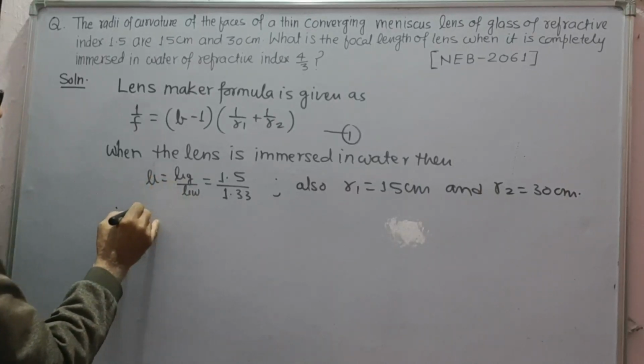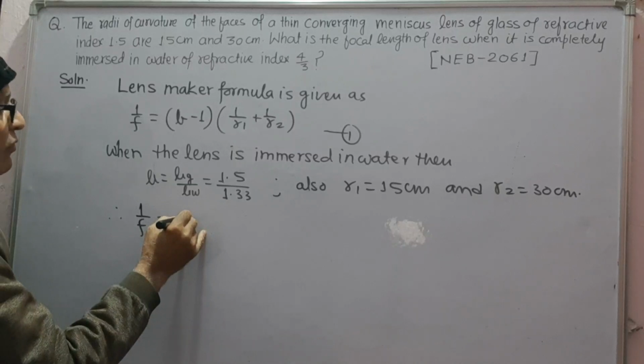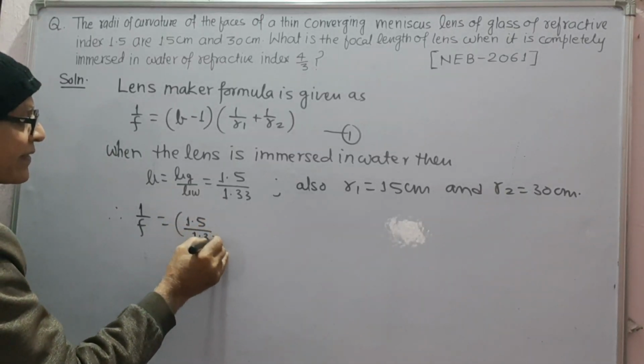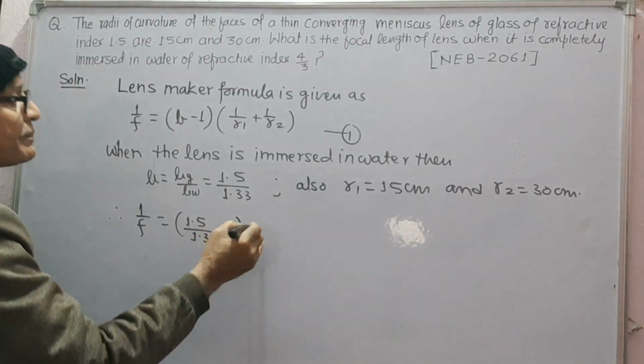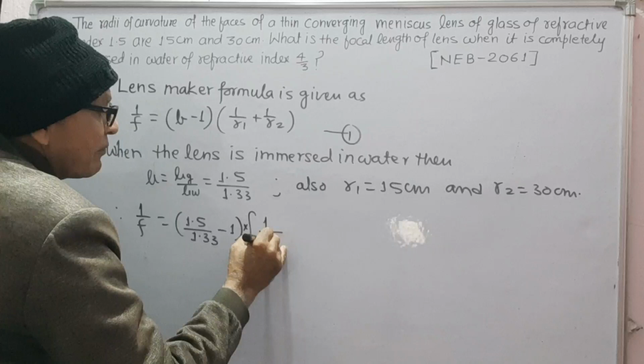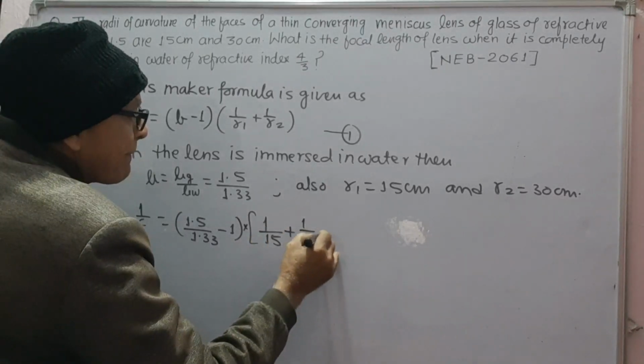Therefore, equation 1 gives 1 upon F is equal to 1.5 upon 1.33 minus 1 into 1 upon 15 plus 1 upon 30.